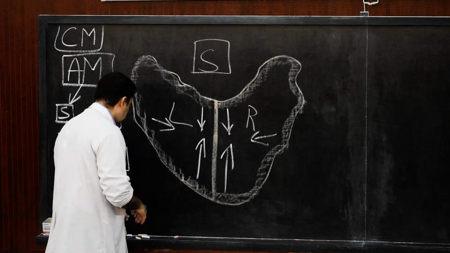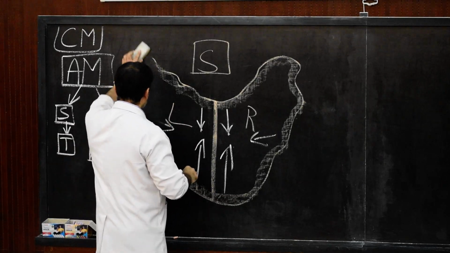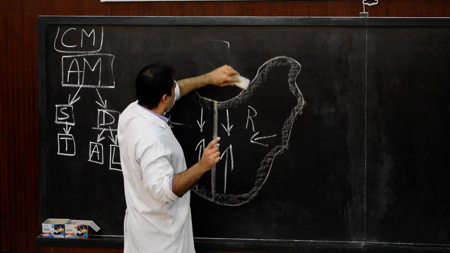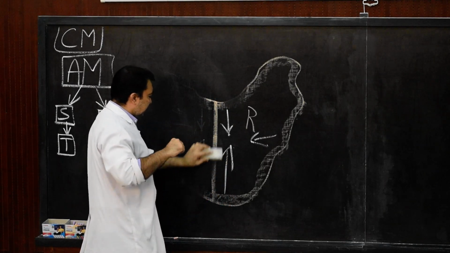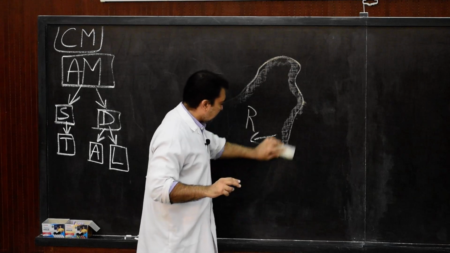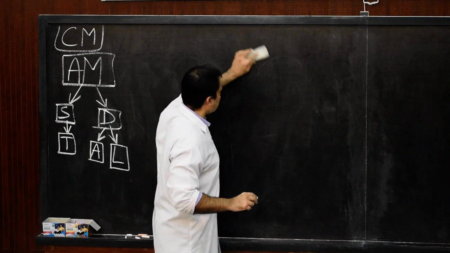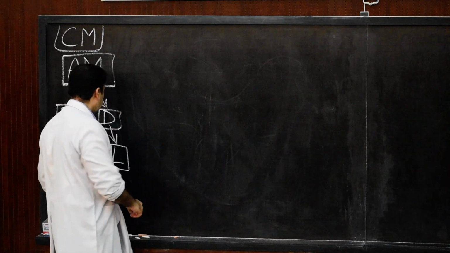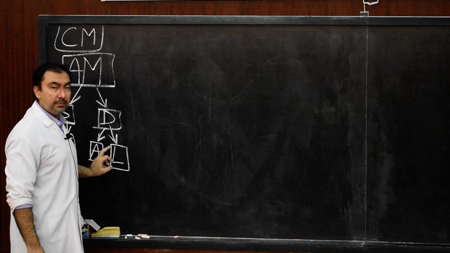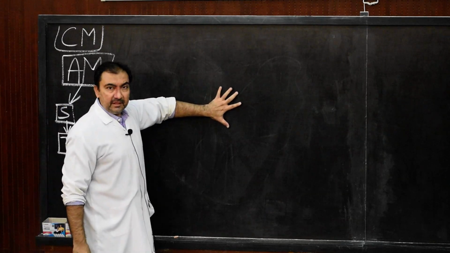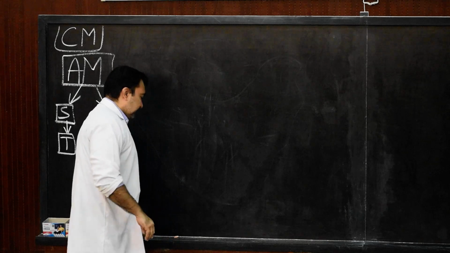Now the deep group of muscles. In the deep group of muscles, as we have seen in the flow chart, it is divided into two sets, the looped and annular. So in the deep group, we draw here a very interesting diagram.